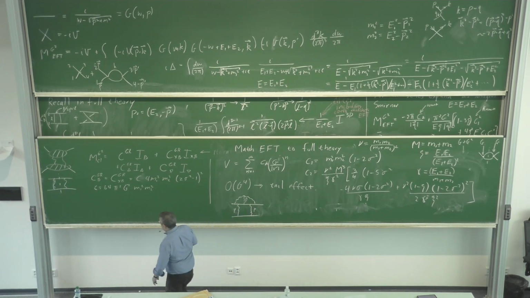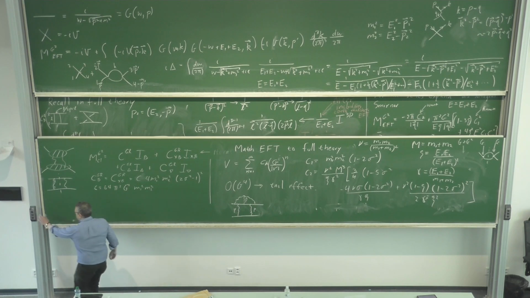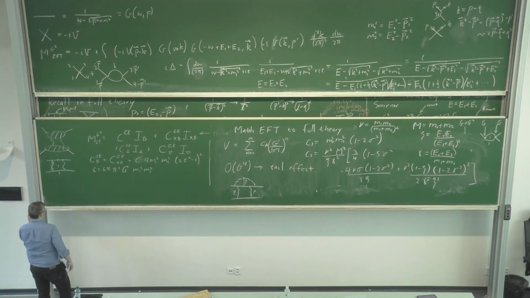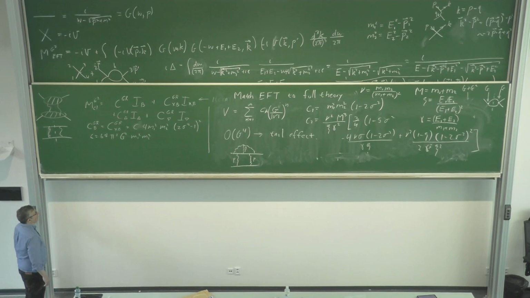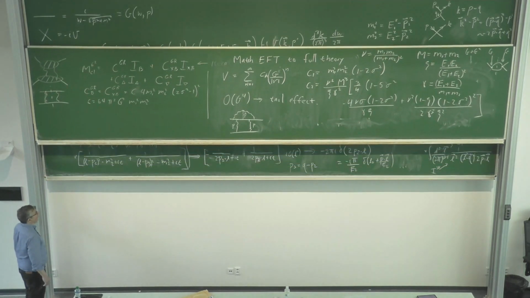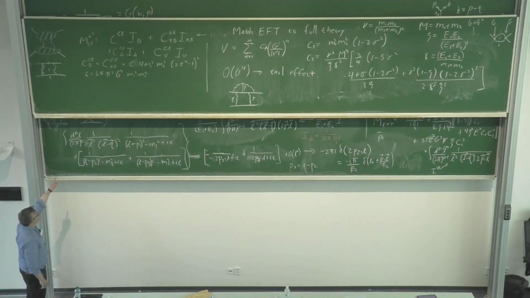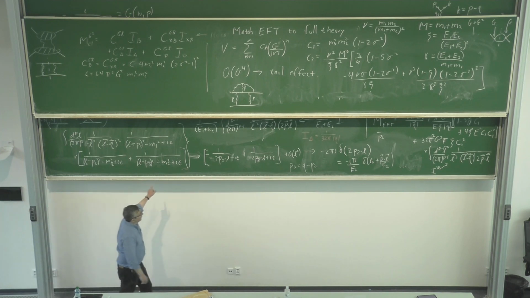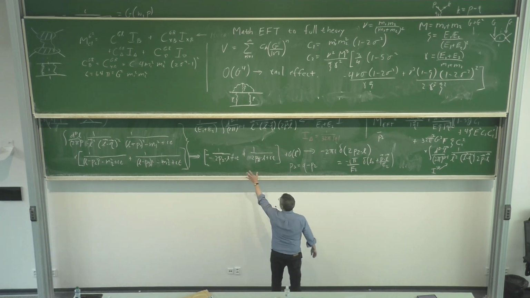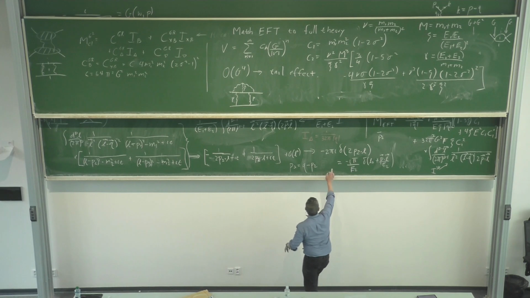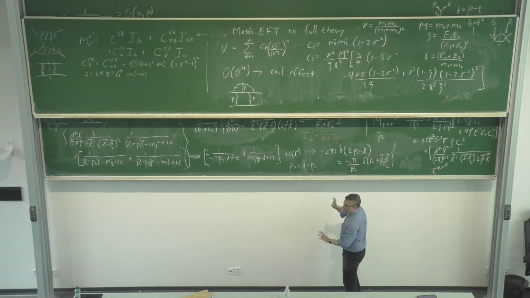So you may notice the integrals are simpler. See, this integral that I had to do here, it's simpler because certain combinations of propagators occur in the classical limit. I get some delta functions that help me.